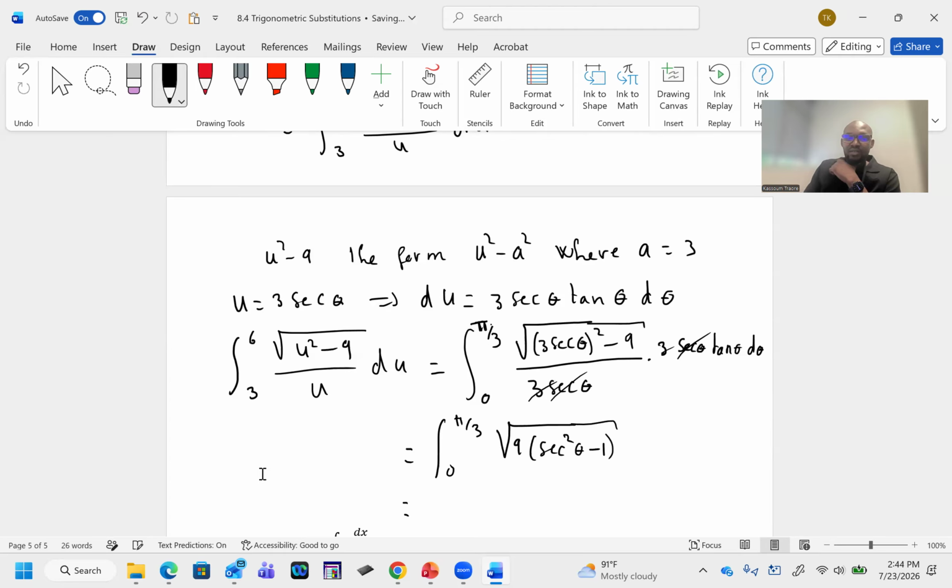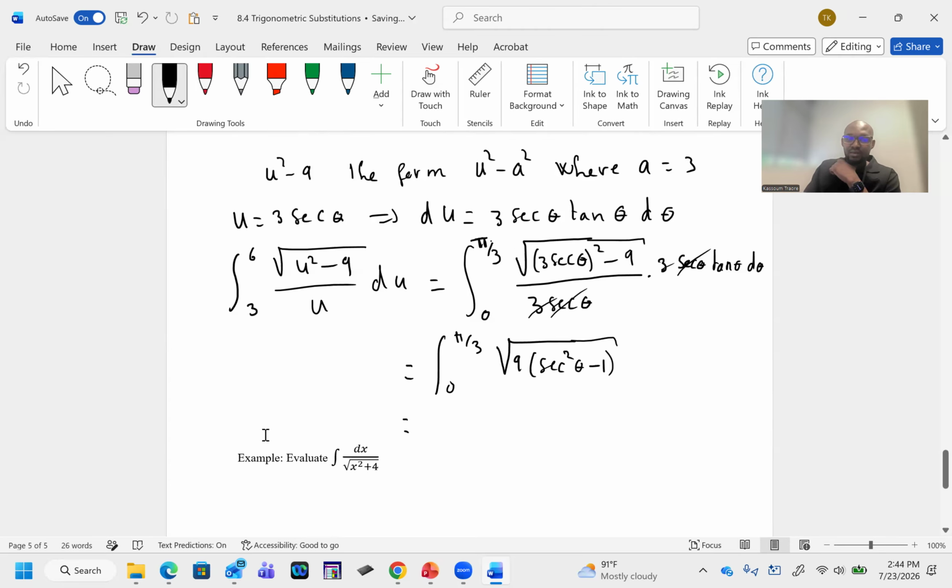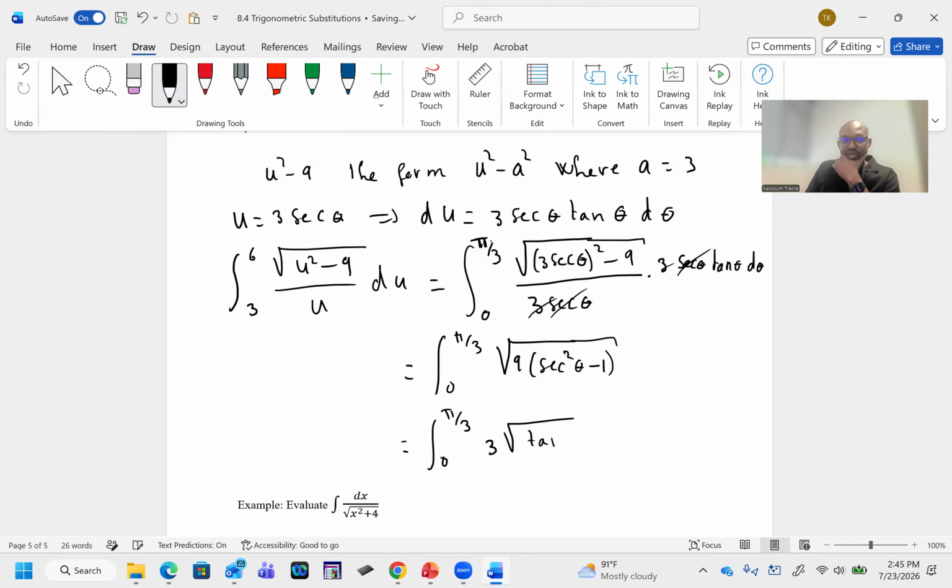So this one will give me the integral from 0 to pi over 3 of the square root of tangent squared theta.